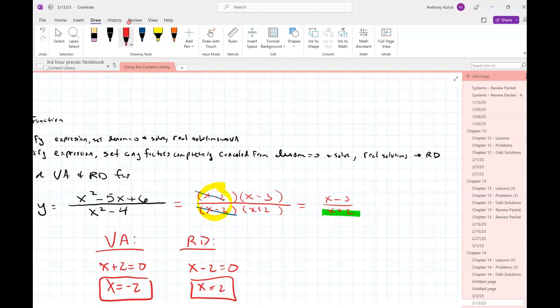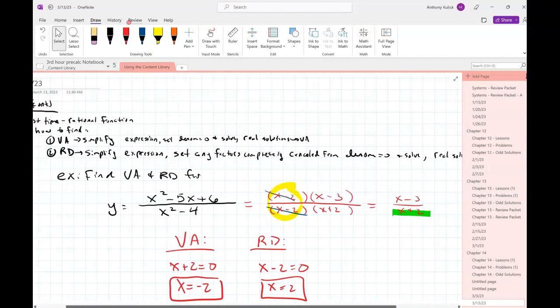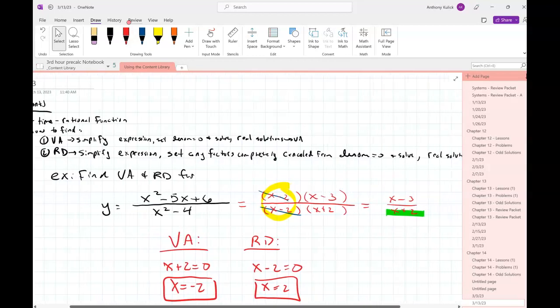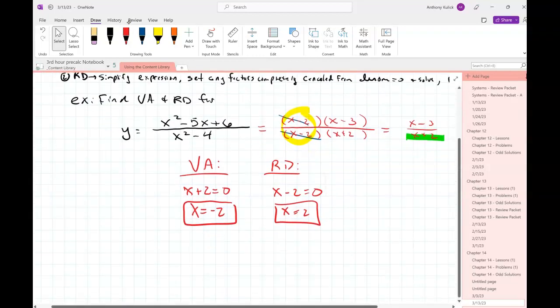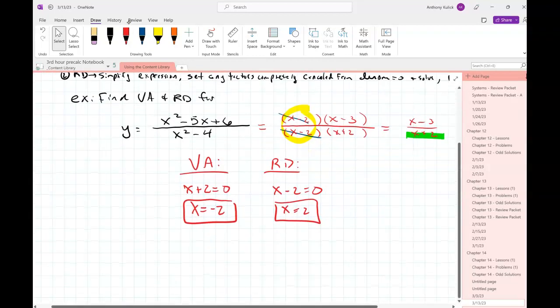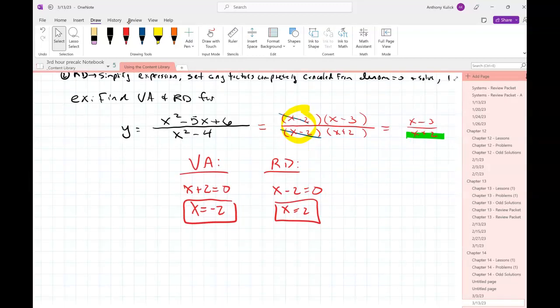Everybody's so far so good? Does this start kind of jogging our memories? Why do we do the denominator first? Why do we do that? Well, so these are types of discontinuities, right? Discontinuities occur when a function is undefined. This function is essentially a fraction, right? When are fractions undefined?